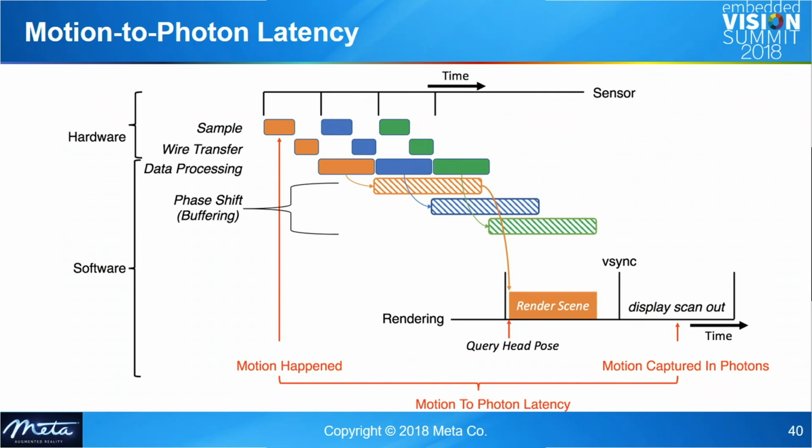Time goes from left to right in this diagram. The time between the motion and when the photon goes out from the display is called the motion to photon latency, and we want to minimize that. That is the end goal.